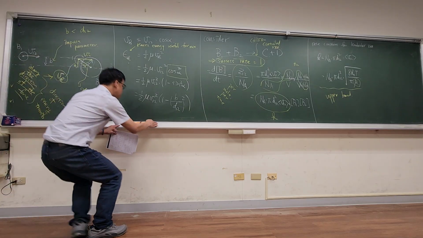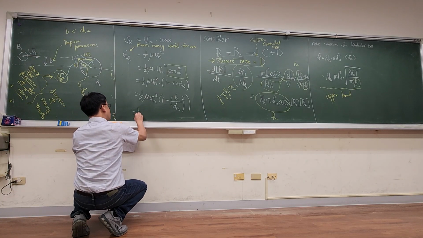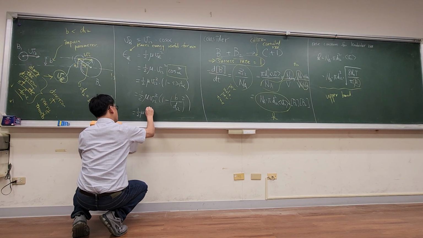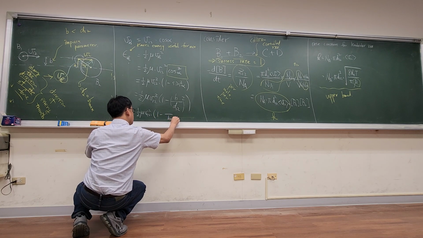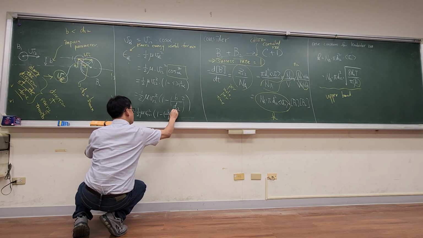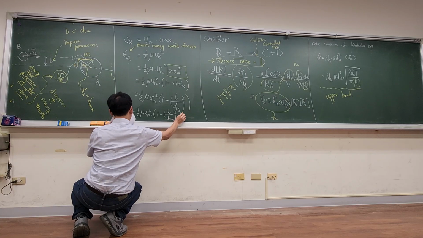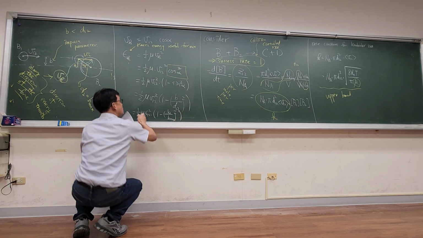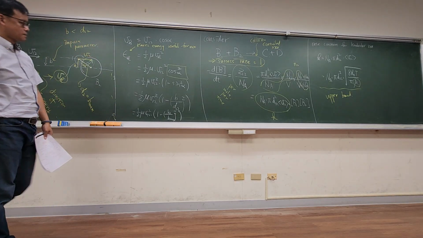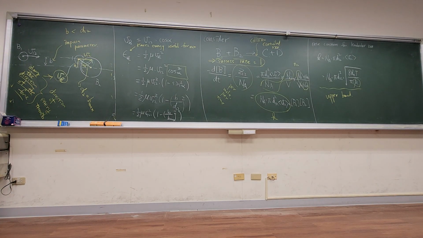So this is 1 minus B over B maximum squared. Okay.